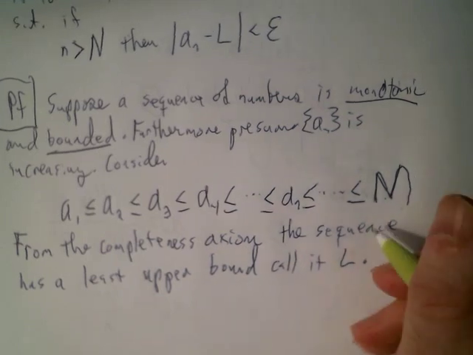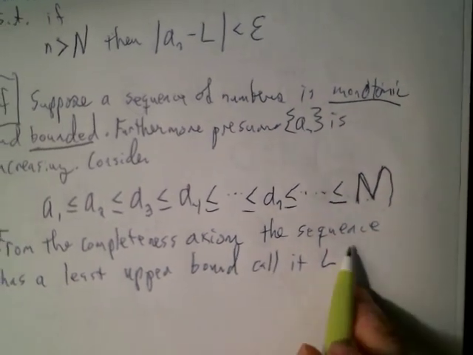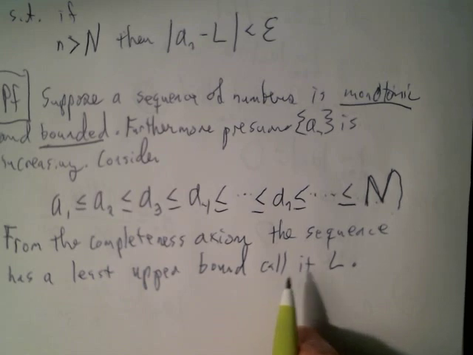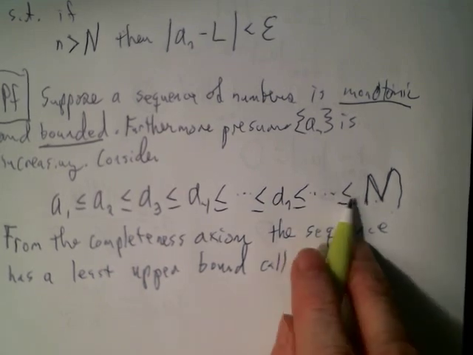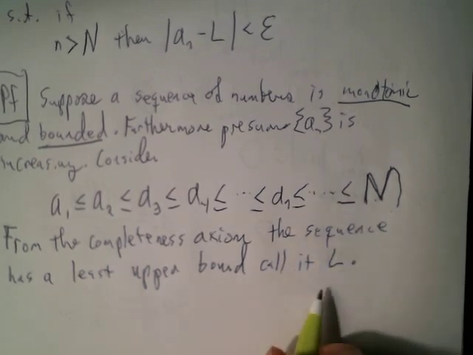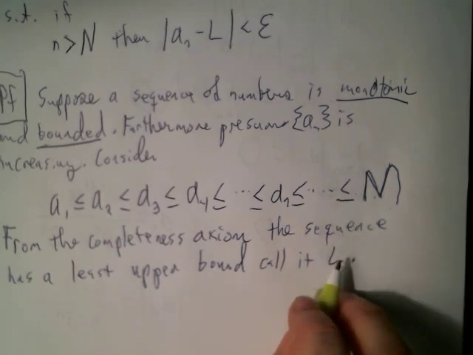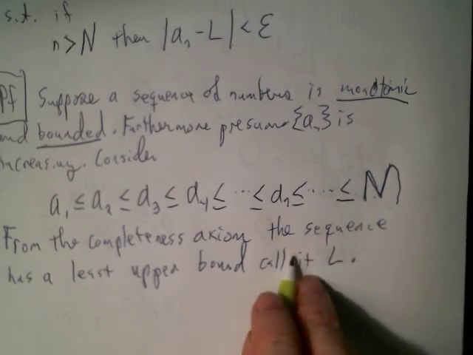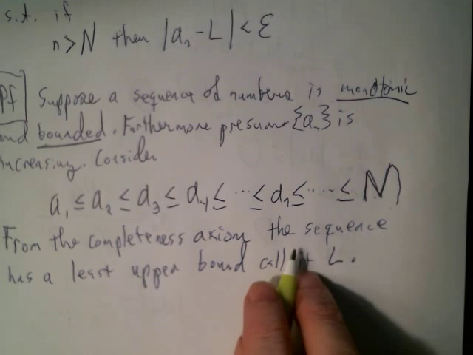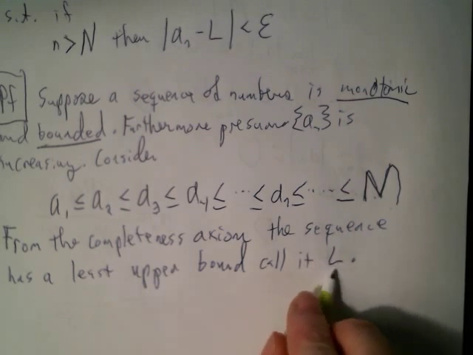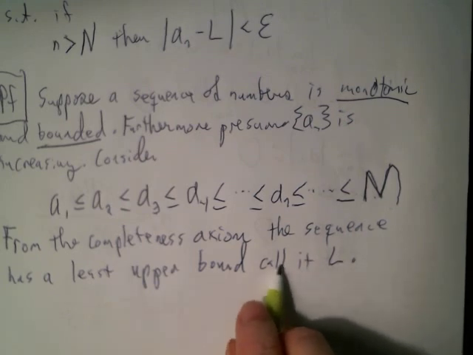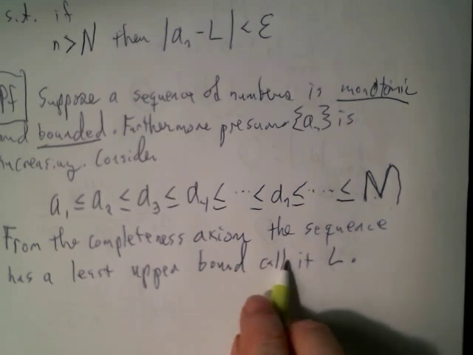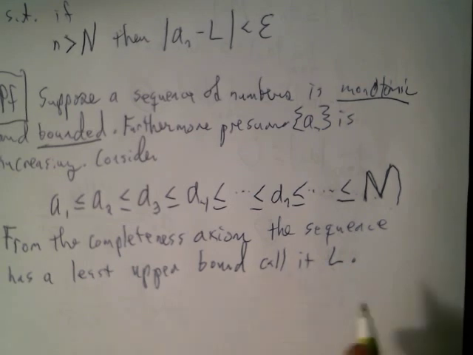One extra bit of information is that if we take anything less than L, it will no longer be a least upper bound, because we assumed that L was the least upper bound. So if you have something less than L, it can't be the least upper bound. So what?